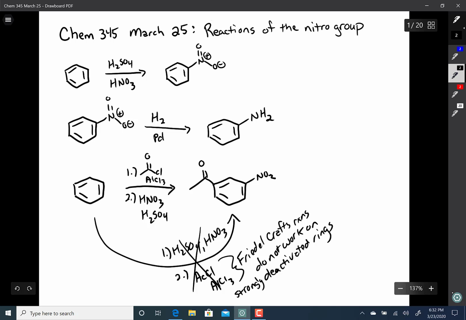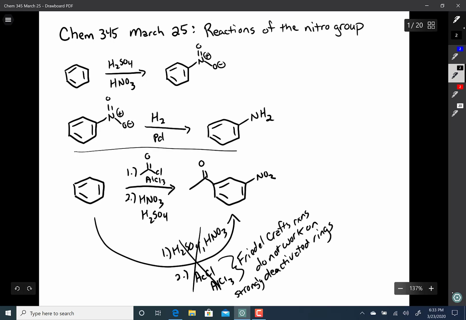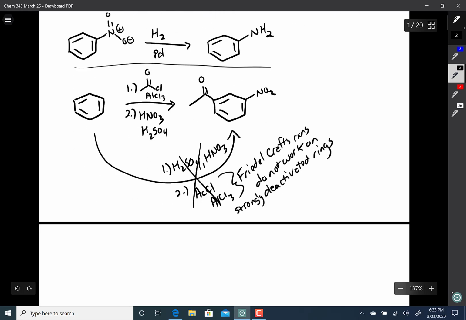And so if there's a meta-director on the ring, that means it's a strongly deactivated ring. The Friedel-Crafts reaction's not going to be able to work on it. So as a result, the bottom case scenario doesn't work. The first one does. Now, the reason I'm bringing this up has to do with reductions.